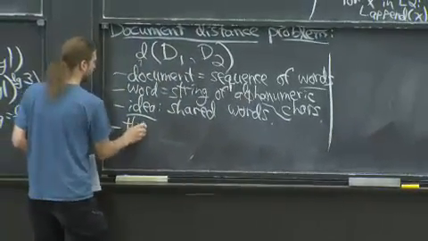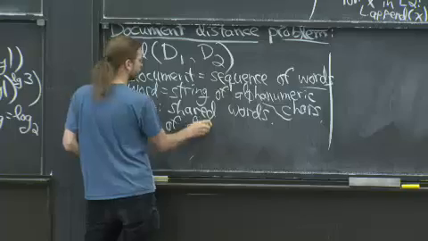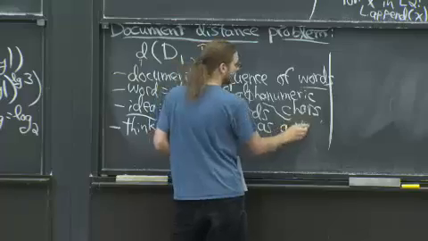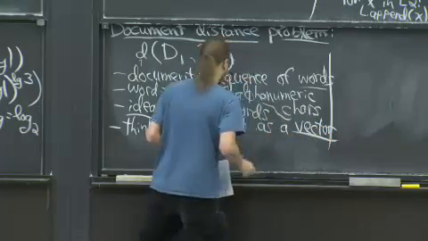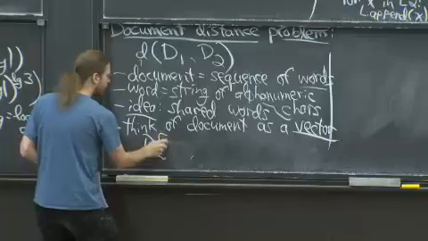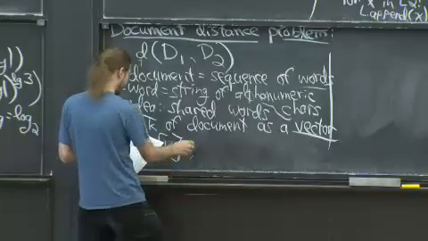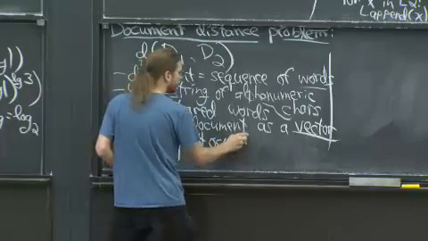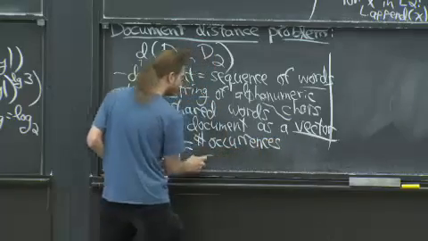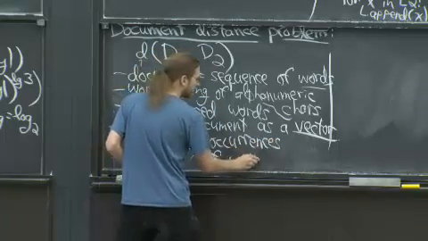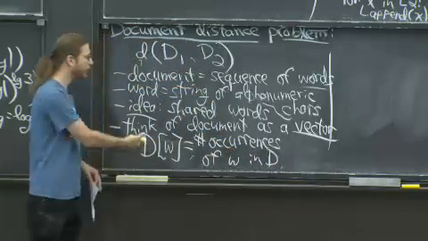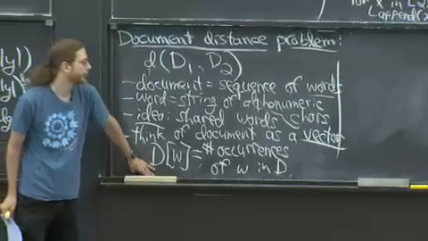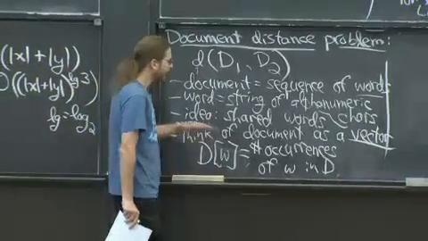So I'm going to think of a document as a sequence of words, but I can also think of it as a vector. If I have a document D and a word W, then D of W is the number of occurrences of W in the document D. So it's a non-negative integer: it could be 0, could be 1, could be 1,000,000.